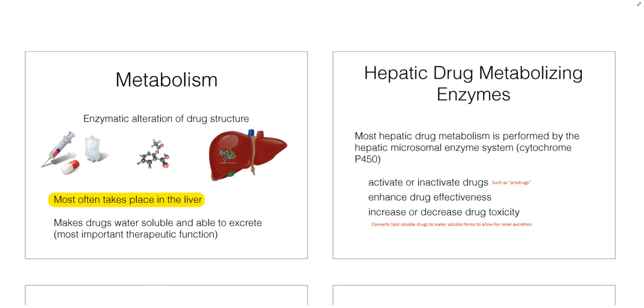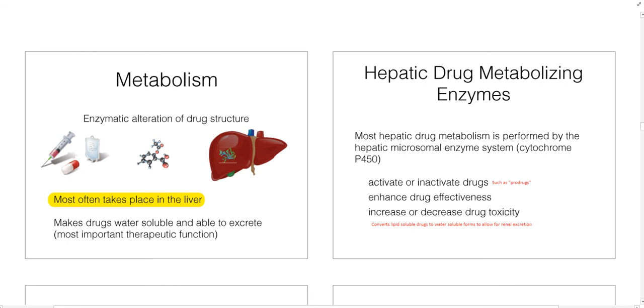Something that's super important here is the cytochrome P450 system. This is a set of enzymes in the liver that are used to break down drugs and other substances. Sometimes they can even activate certain drugs, such as prodrugs, to help make them useful in the body.